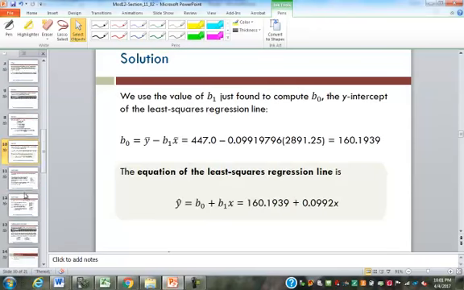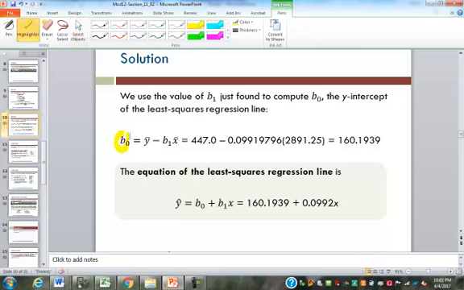Now, once we know that, then we use x bar and y bar to find b0. So b0 is found, if we went back to this equation here, we put in y bar and x bar here. This is the mean of the y values and the mean of the x values. And we put in our value that we just found for b1 and we calculate b0. That's what this formula is, just solving that for b0.